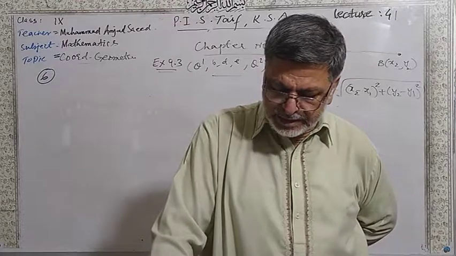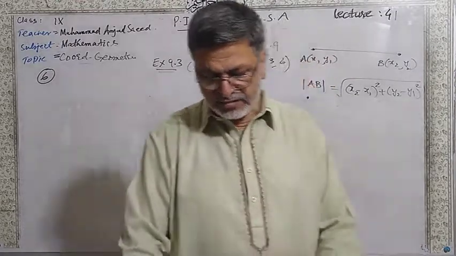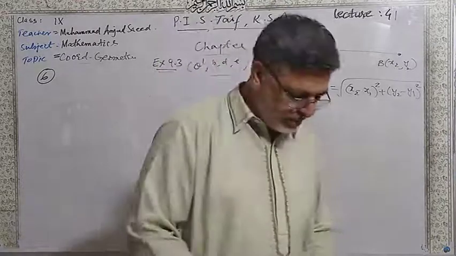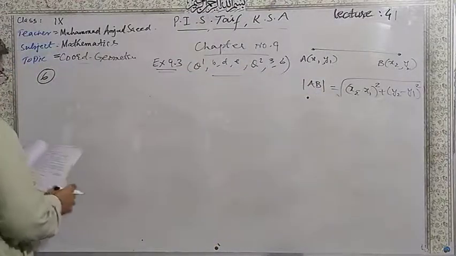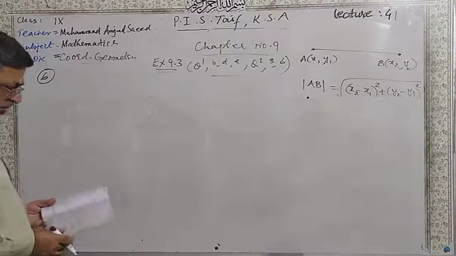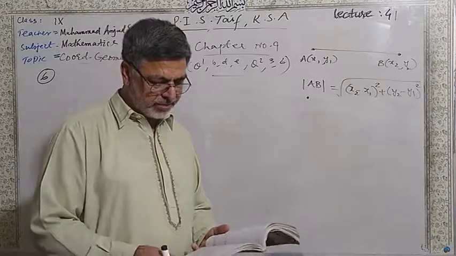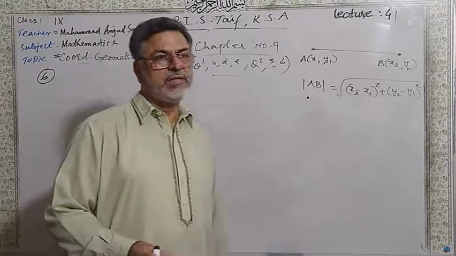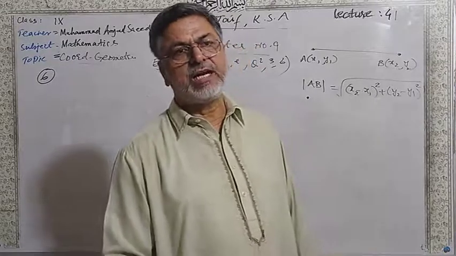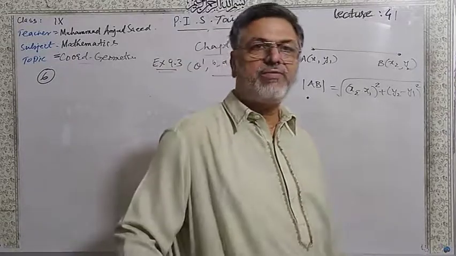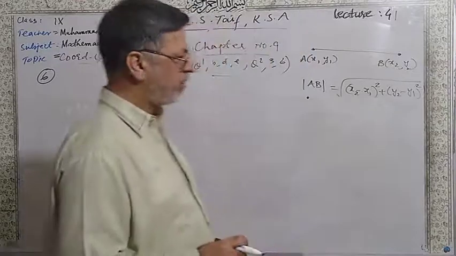Show that the length of the line segment joining the midpoints of the sides PR and QR is half of PQ. Basically, this is the vertices form of your theorem: the line segment joining the midpoints of two sides is parallel to the third side and half of it in length.